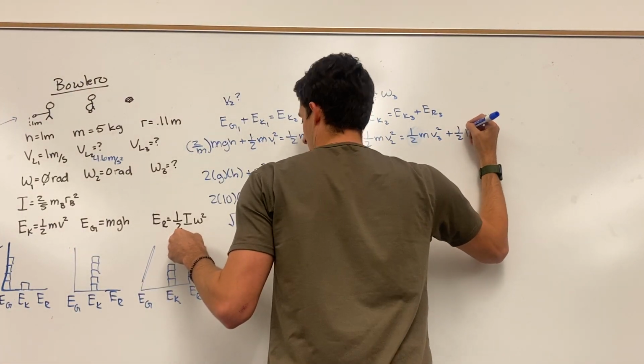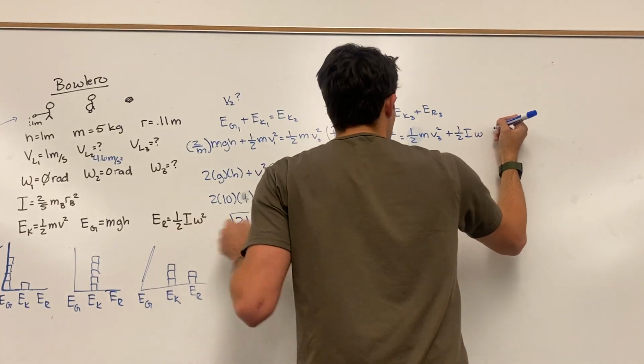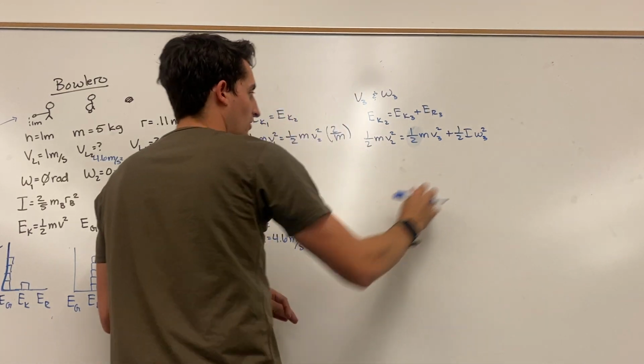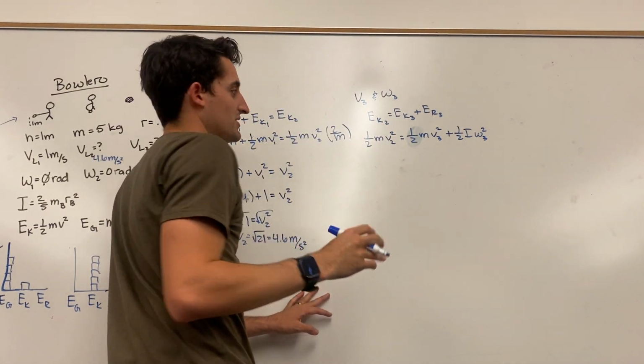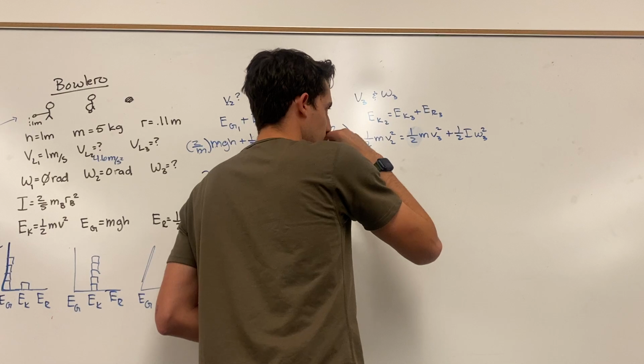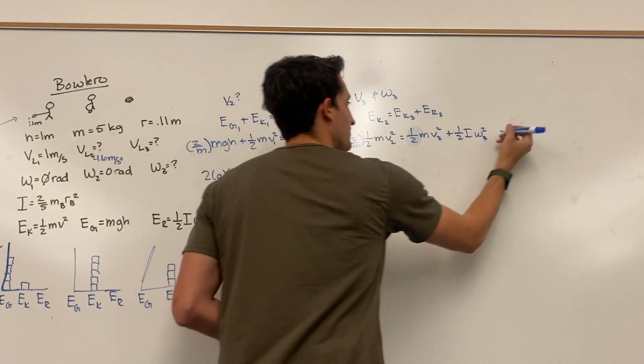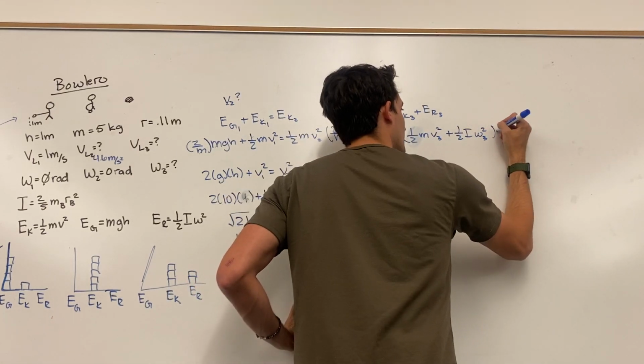We also have right over here this equation: 1/2 moment of inertia times the angular velocity, or omega 3, squared. So we have all this right over here. This is actually pretty easy. So what we can do is multiply both sides by 2 over m.